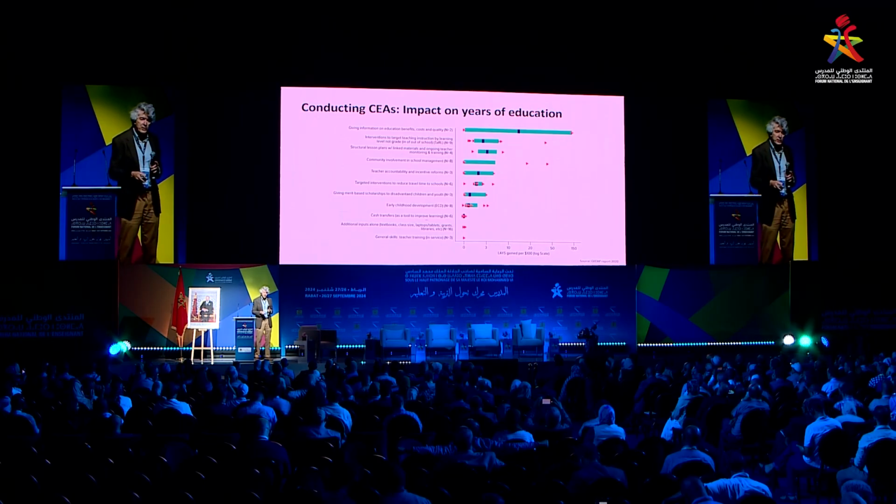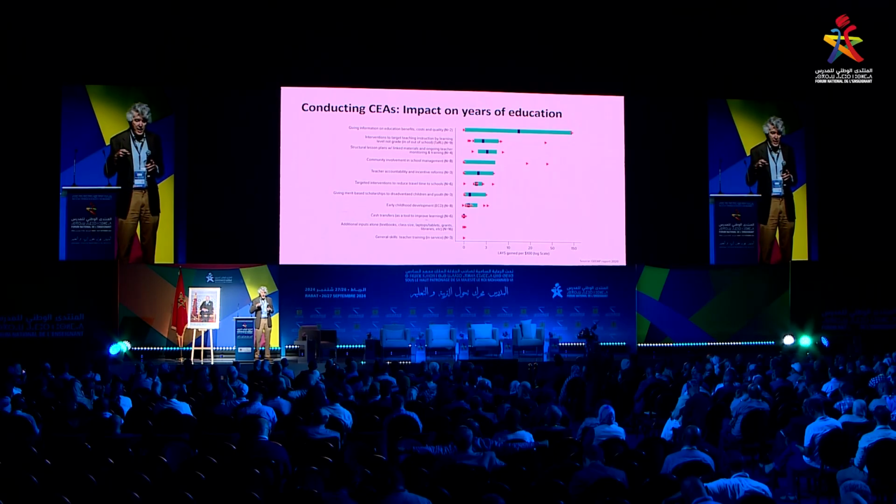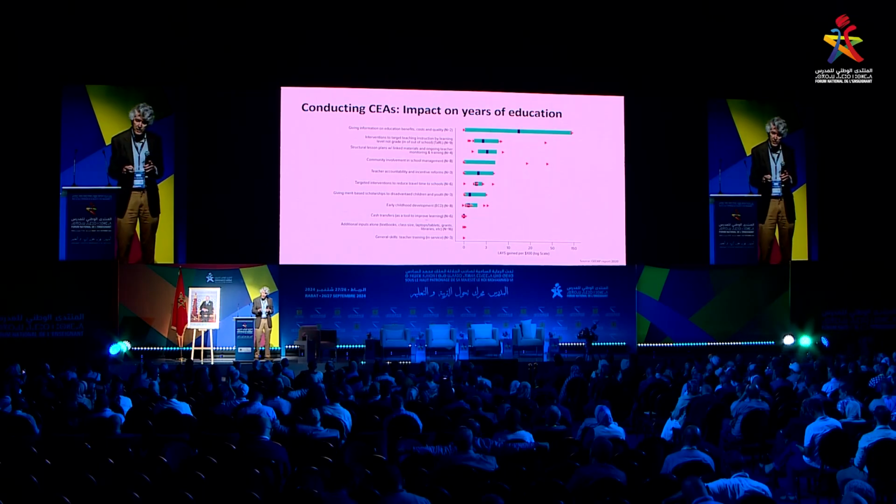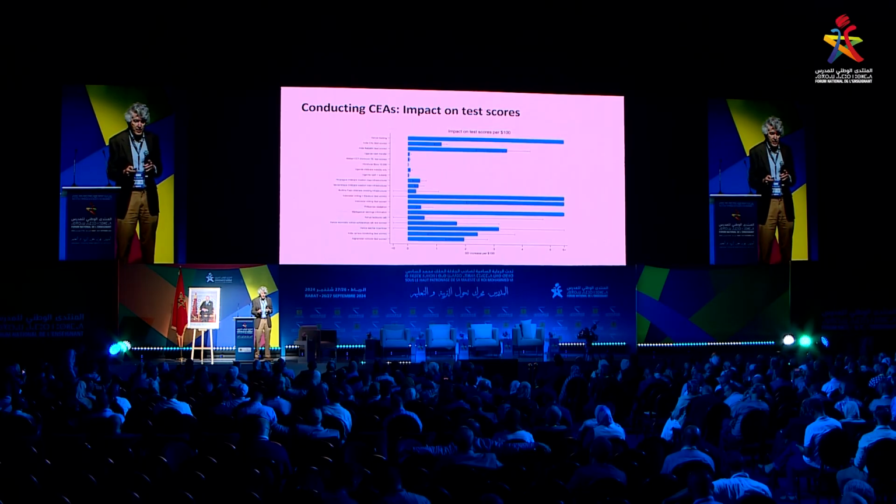In one of them the effect was 0, and in the other one the effect was very large in terms of how many years of education you get for $100, okay? The problem with that is that we don't know, for another country, which one are you going to be? Are you going to be the average, the blue square, or are you going to be at the top, or at the bottom? So all these things we have to be very careful about, that they're averages over many countries.